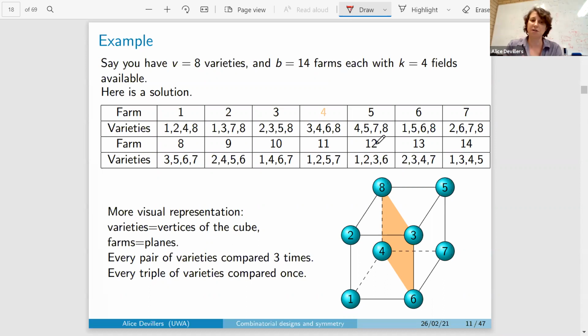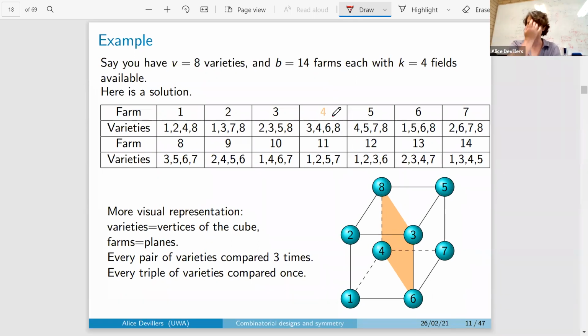And then the farms are the planes that intersect this cube in 4 points. So the faces of the cube, but also some diagonal planes like this: 3, 4, 6, and 8. That's farm number 4. I can sort of visualize them in my head, but it would be quite difficult to draw all of them and still be able to see anything.